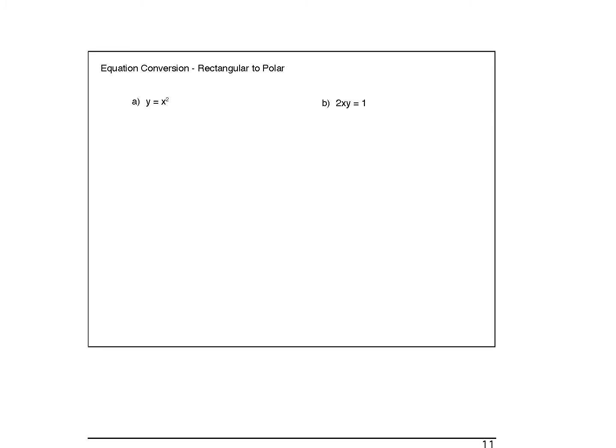Now, how about equation conversion? So not only can you convert from point to point, you can do the entire equation. So here we are in rectangular form, and we want to bring it to polar.